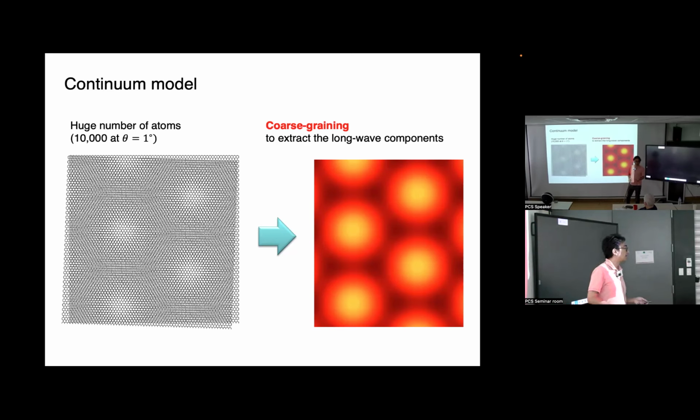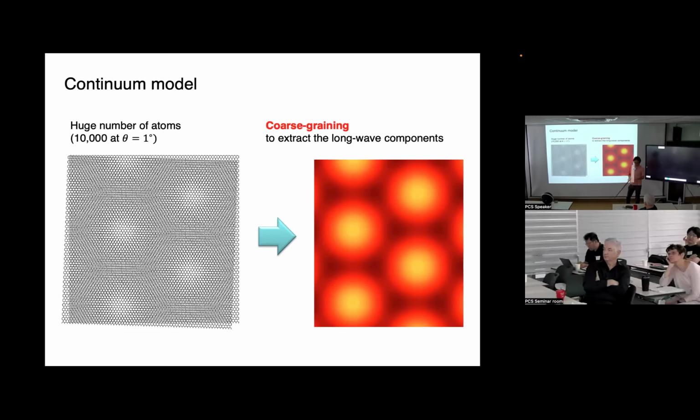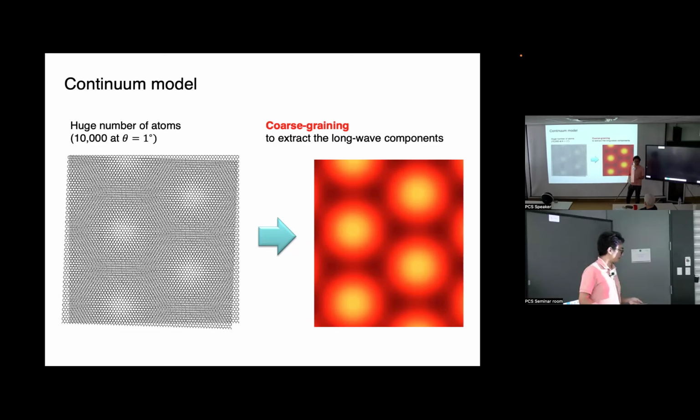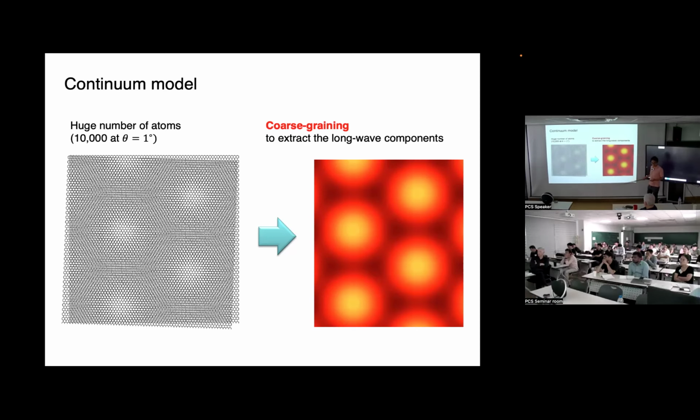Are there some angles where it is commensurate? Yes, at some special angles they match. There is some mathematical condition. But this actually turned out to be not very important. Atomic commensuration doesn't affect the electronic properties much. So in this approximation, we completely neglect such commensuration.